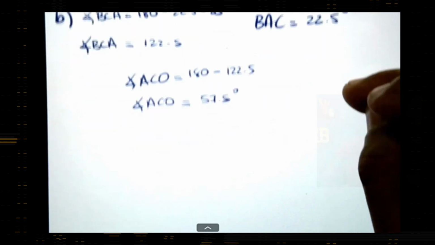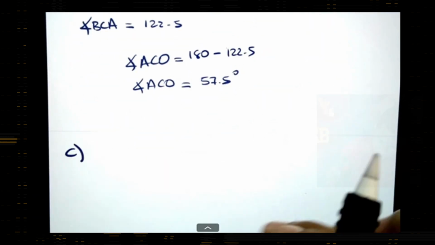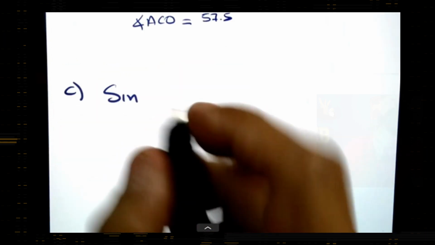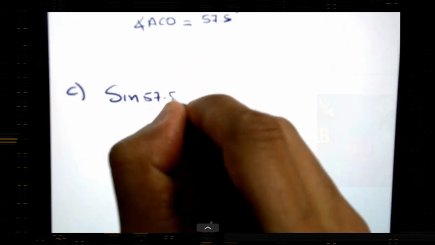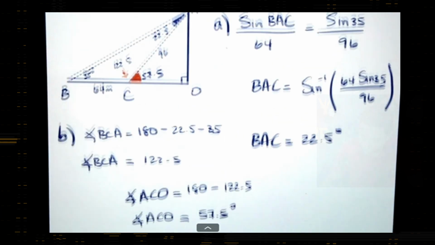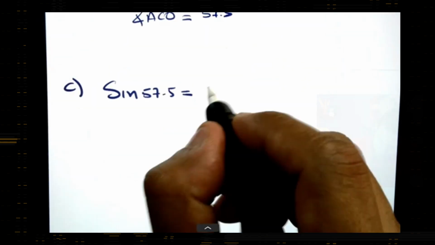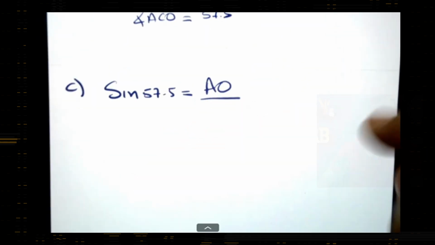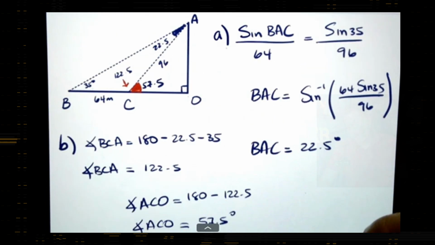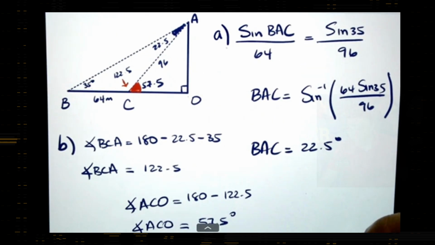Since this is the opposite side, I'm going to work with sine. So let's do it. Sine of the angle 57.5 equals the opposite side, which is AO, divided by the hypotenuse, which is 96.